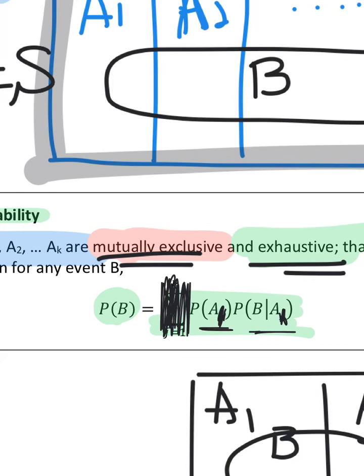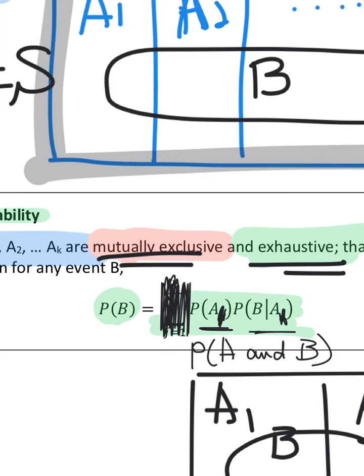Yesterday. Where? The general multiplication rule. Probability of A times probability of B given A. By the multiplication rule, it was the probability of A and B. By the general multiplication rule.